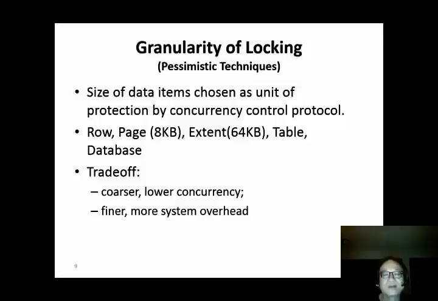We want to choose the most appropriate locking size that will work best with our applications. In other words, we want to make the best trade-off so that we can maintain data integrity and have good system performance. Some common locking sizes are row, page, extent, table, and database.